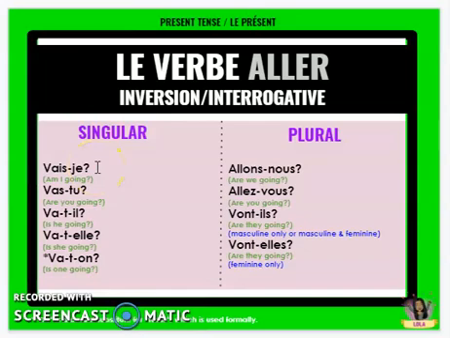So, vais-je, vas-tu, va-t-il, va-t-elle, va-t-on. Allons-nous, allez-vous, vont-ils, vont-elles.